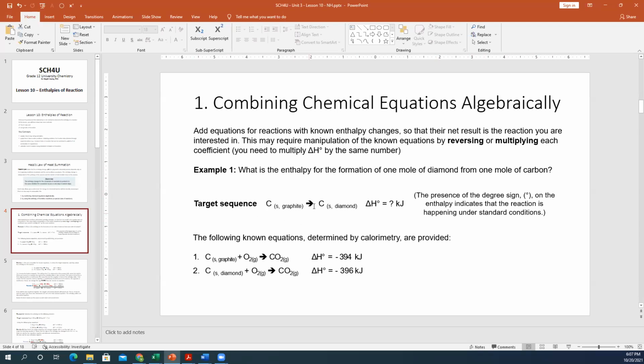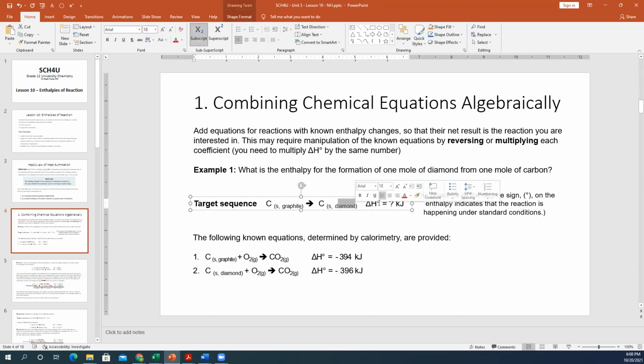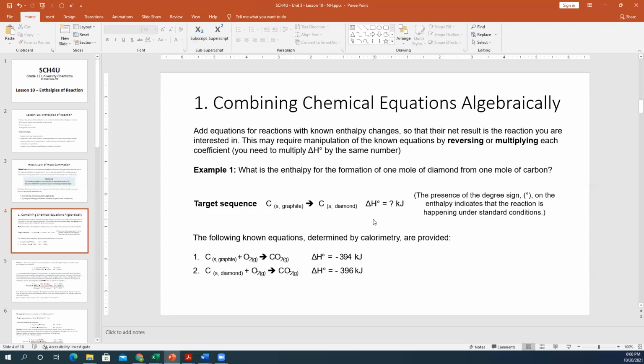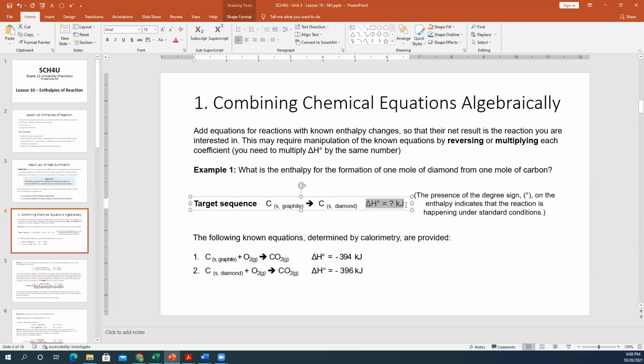So you figure out that this is the reaction you're being asked about: carbon in its solid graphite state going to carbon in its solid state, but diamond. Both graphite and diamond are made out of carbon. And you're asked to figure out what the enthalpy of formation is here.